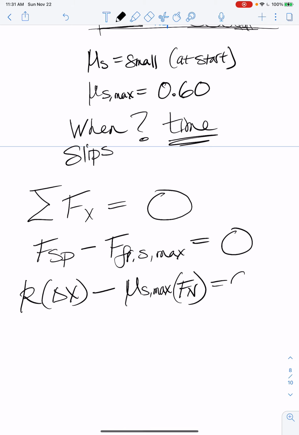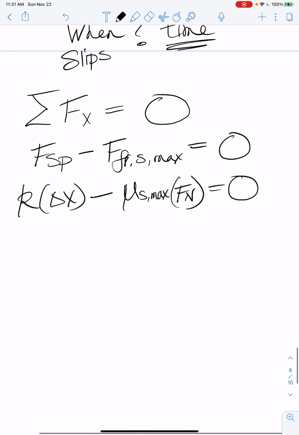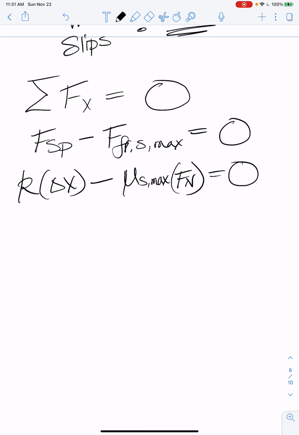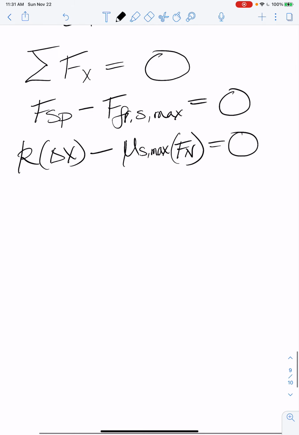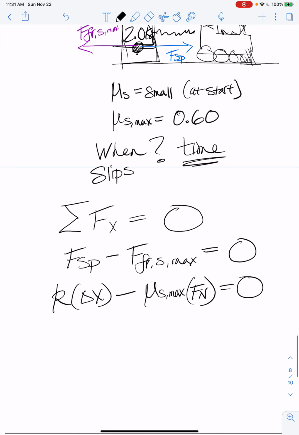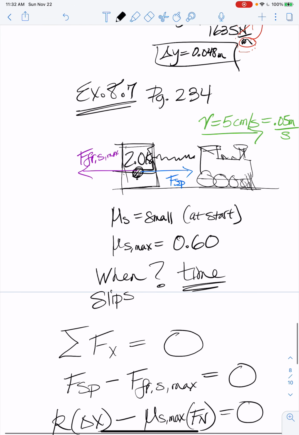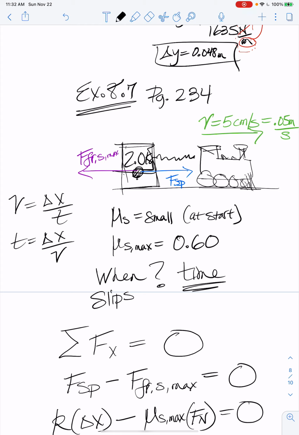What's Fn? Let's go back up and look at that. And we want to know delta x, because we can use the velocity to find time. So what I'm saying is, we have a constant velocity up here. So we know v equals delta x over t, and we can say then that t is equal to delta x over v.